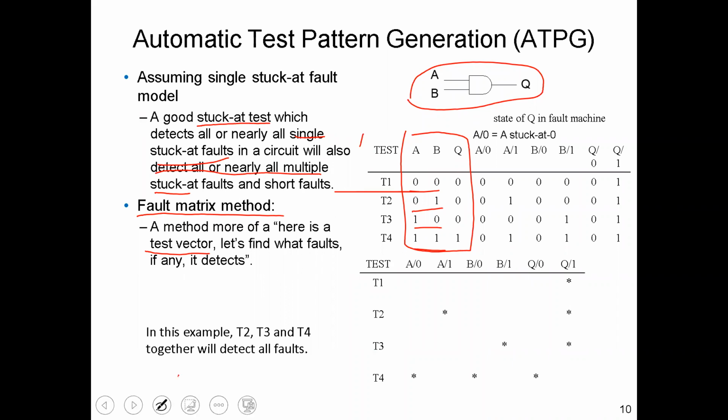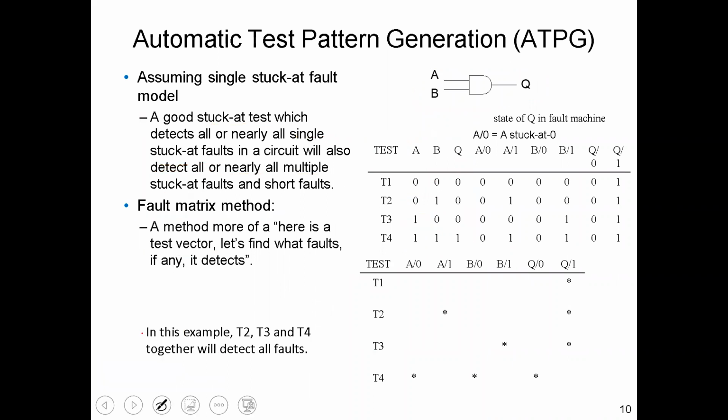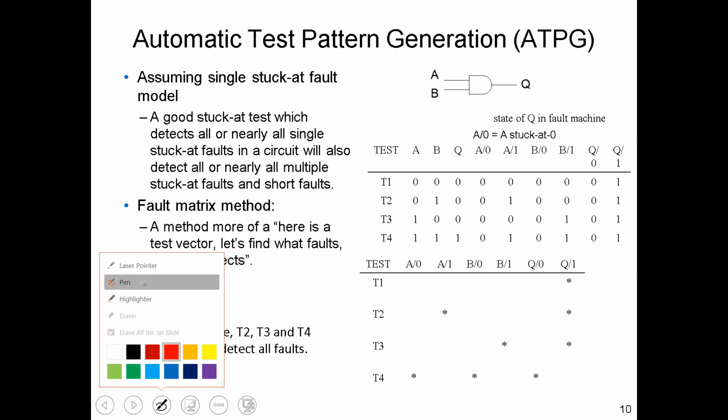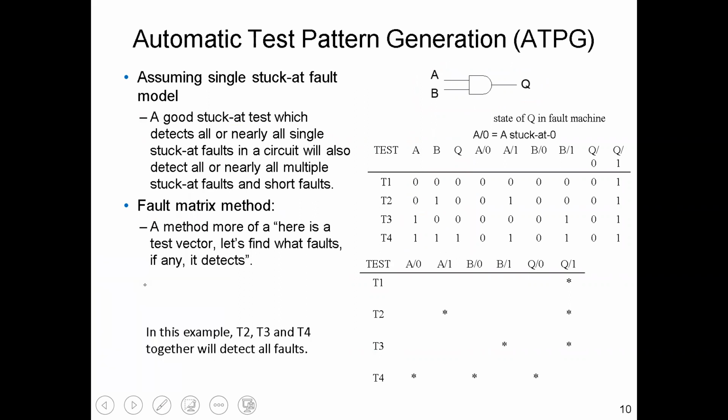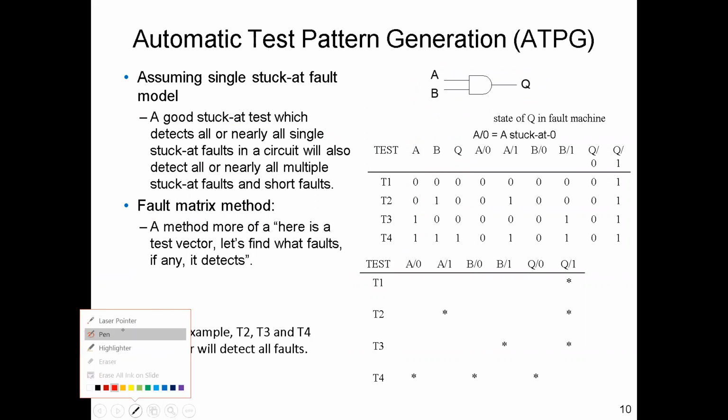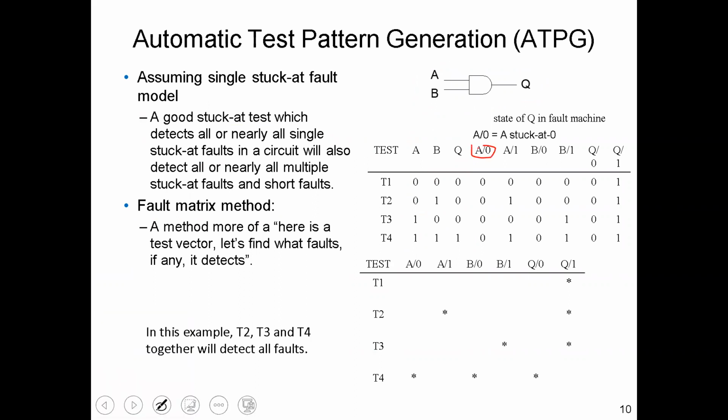Now let's consider faults in the circuit. So every node can be faulty. So let's assume node A stuck at 0, always stuck at 0, and the output Q would be like this.